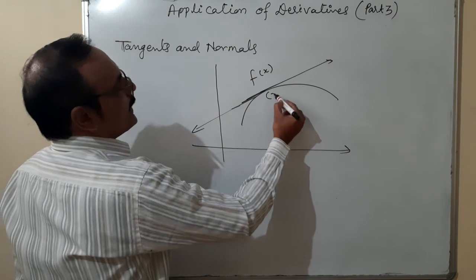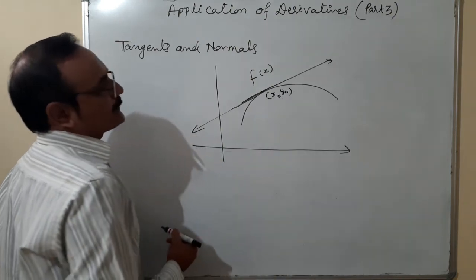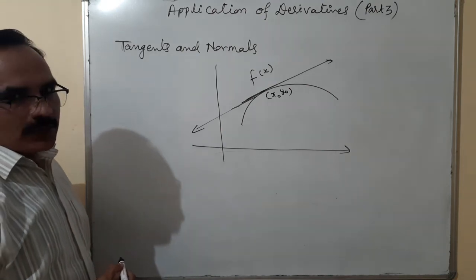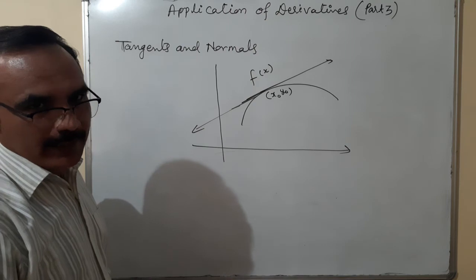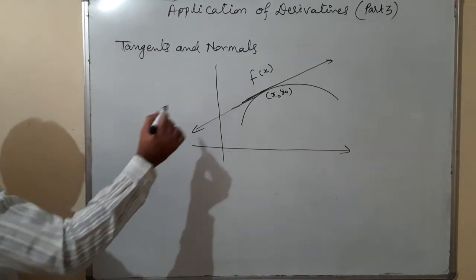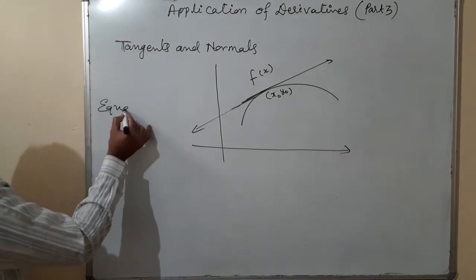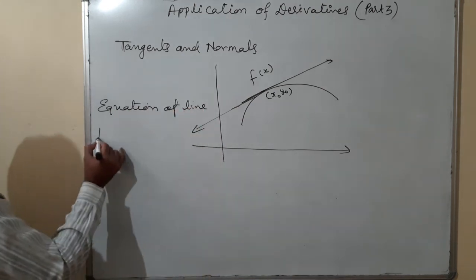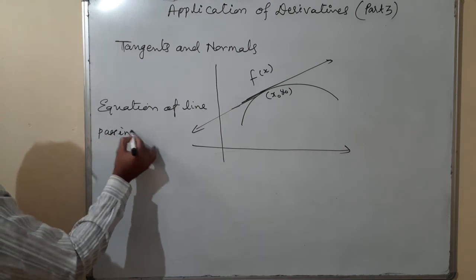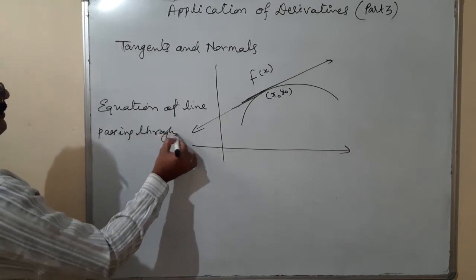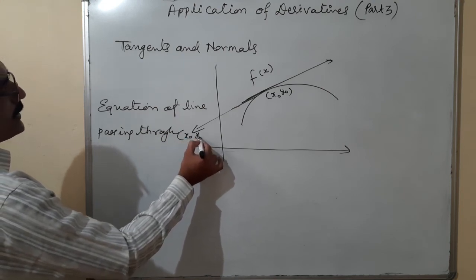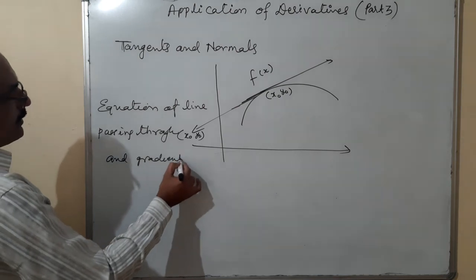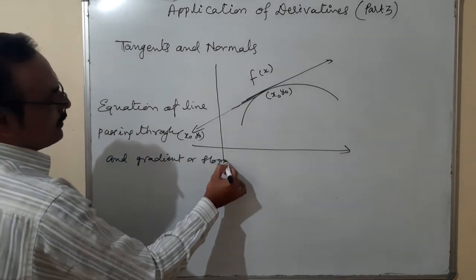Suppose this point is x0, y0, where this tangent is touching the arc. Equation of tangent, or I ask you, equation of a line passing through x0, y0 and gradient or slope m.